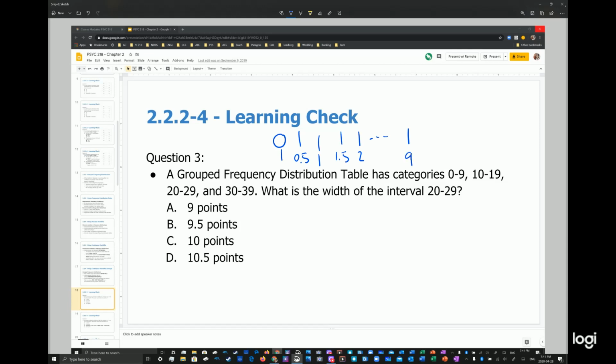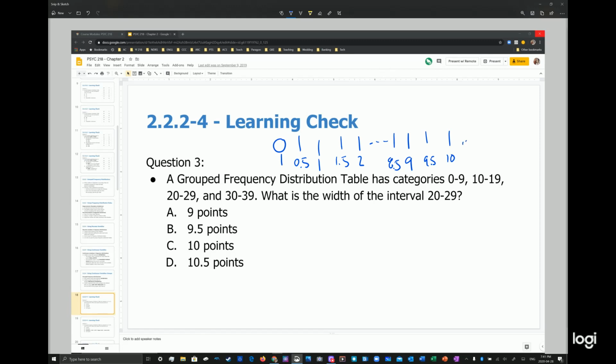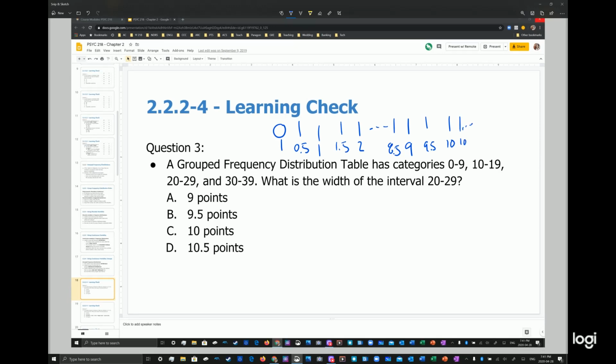And so here you have 8.5, 9.5, 10, and so on, all the way up to, and this will be 10.5 is the halfway point. I'll make the actual numbers larger or have longer lines. And then here's 19. And so the upper limit of 19 would be 19.5.